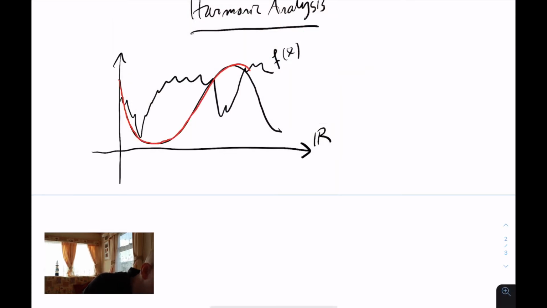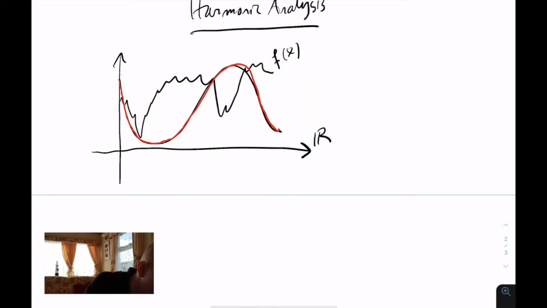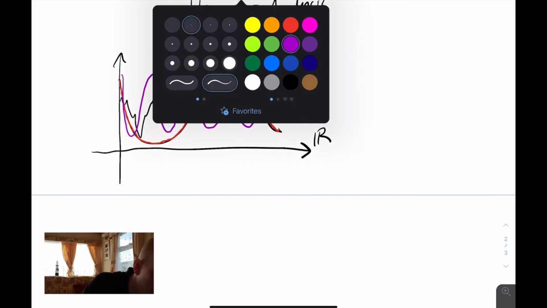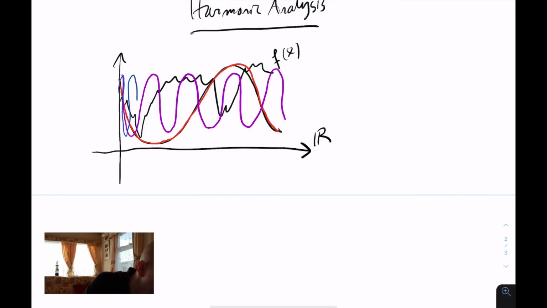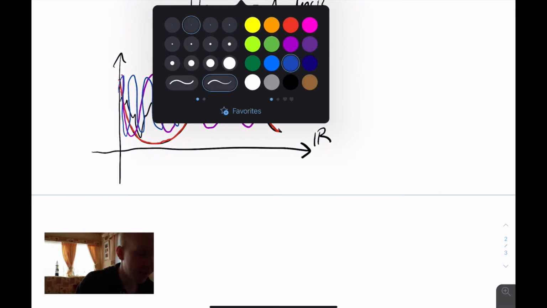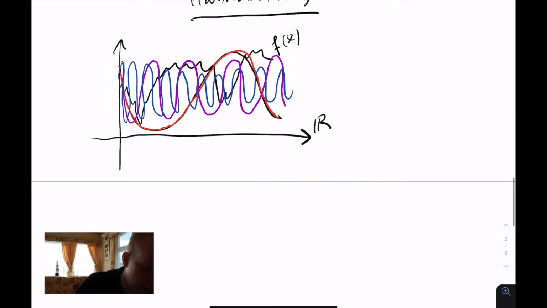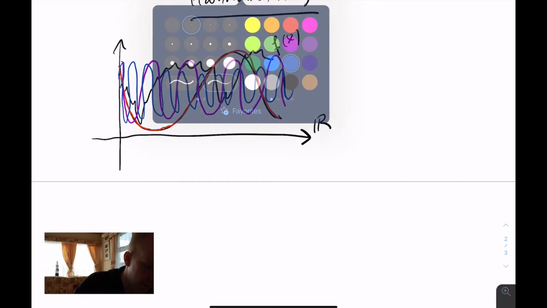When you start adding functions of different wavelengths, like for example with this type of function, and maybe with another color, it's a bit of a messy picture, but basically these different colored functions have certain wavelengths. Let's isolate one of them, the blue function over here.